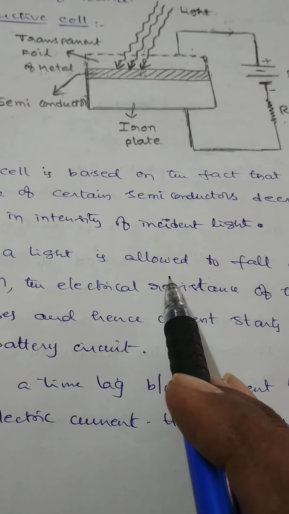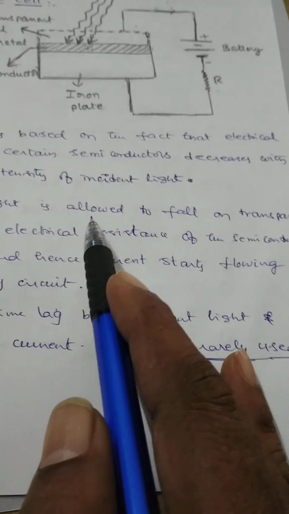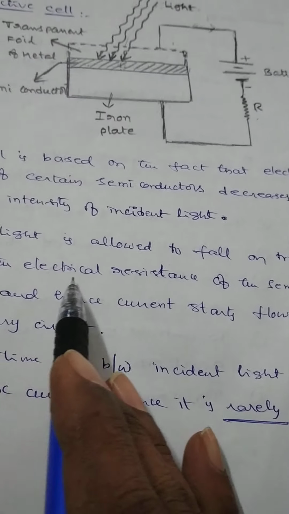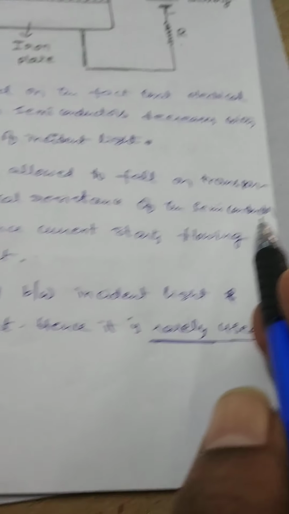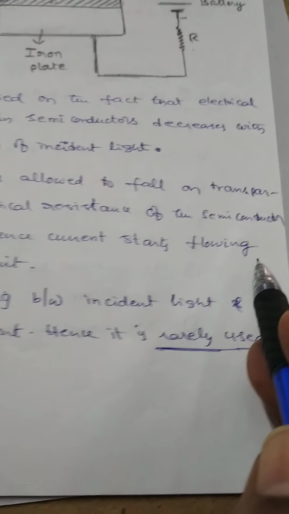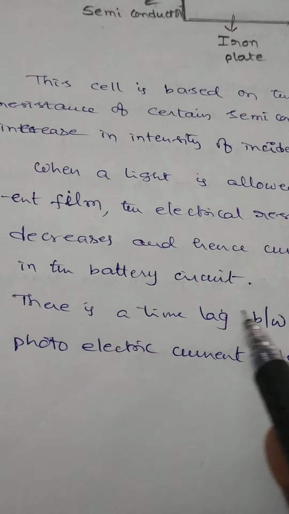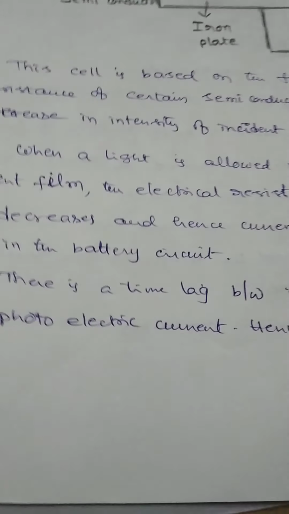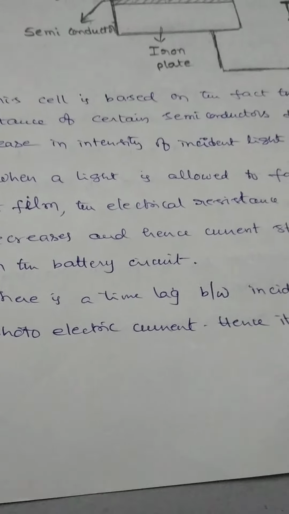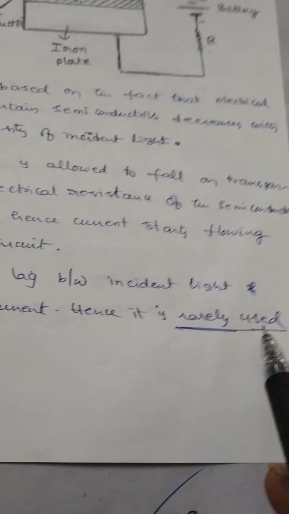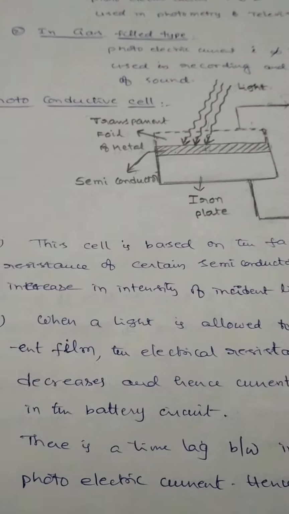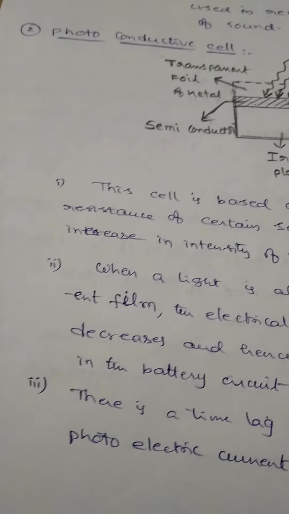When a light of sufficient energy is allowed to fall on a transparent film, the electrical resistance of the semiconductor decreases and hence current starts flowing in the battery circuit. There is a time lag between incident light and photoelectric current. Hence, this type of cell is rarely used in practice. This is the photoconductive cell.